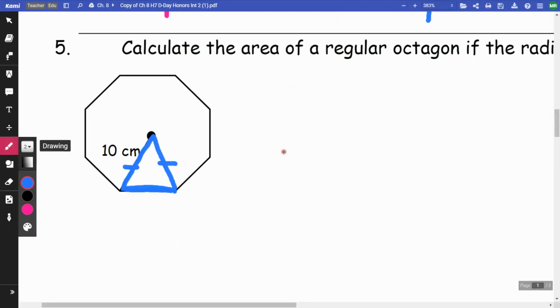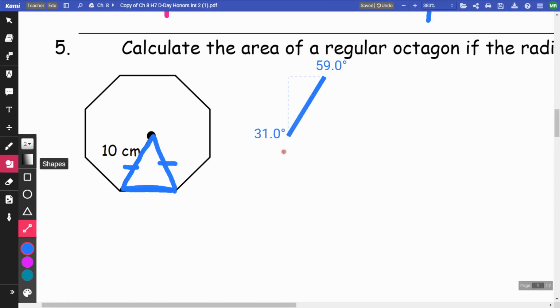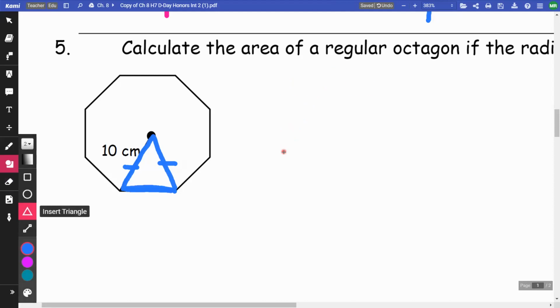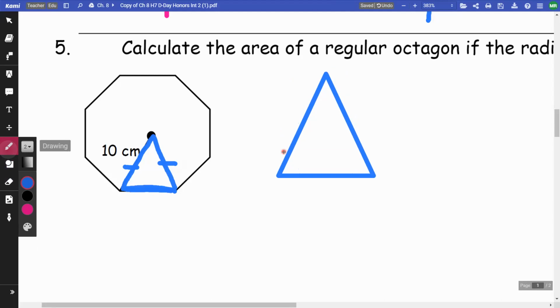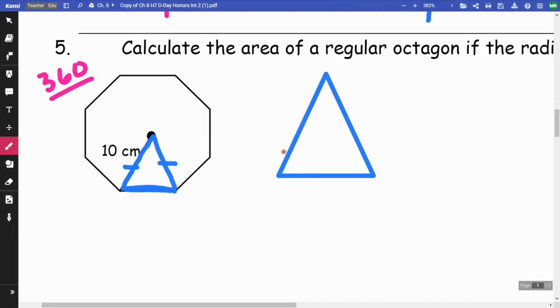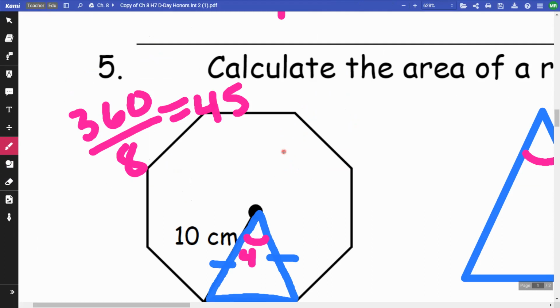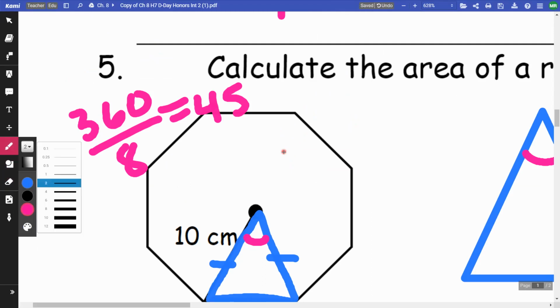It's not going to be equilateral because when I have my triangle, I am going to be taking 360 divided by 8, and 360 divided by 8 is 45 degrees. So this here is going to be 45 degrees.